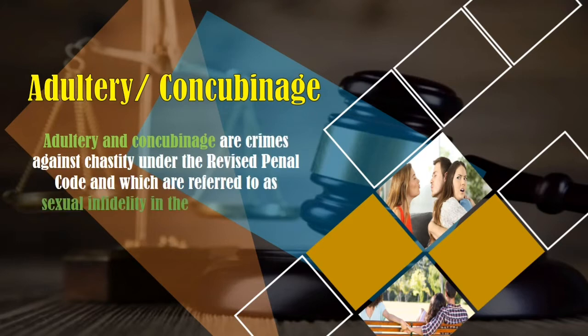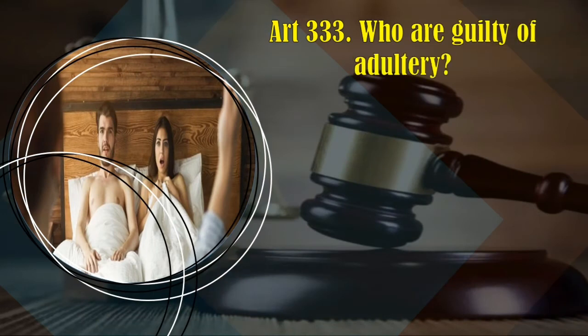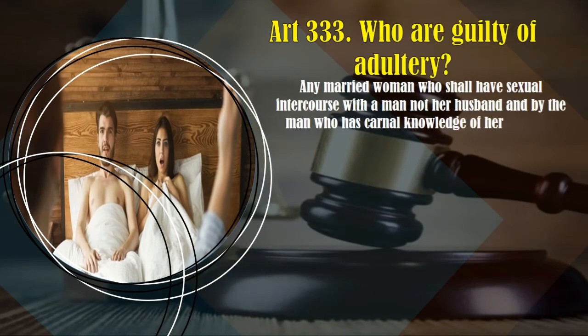So adultery and concubinage are crimes against chastity under the Revised Penal Code of the Philippines, which are referred to as sexual infidelity in the Family Code or marital infidelity in a general sense. And now class, who are guilty of adultery as provided in the Revised Penal Code?